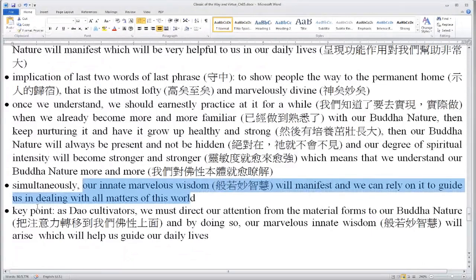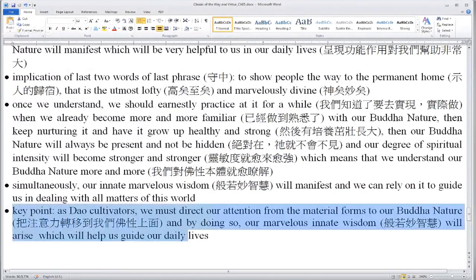So the key point is, as Tao cultivators, we must direct our attention from the material forms to our Buddha nature, 注意力传译到我们福性上面. And by doing so, our marvelous innate wisdom will arise, which will guide us in daily life.